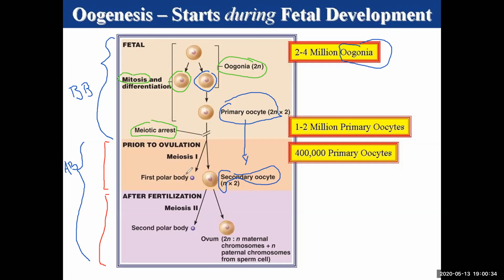The other cell is called the first polar body, and it's non-functional. It remains on the surface of the secondary oocyte, stuck there. All it has is just its nucleus. It lost its cytoplasm to this secondary oocyte.